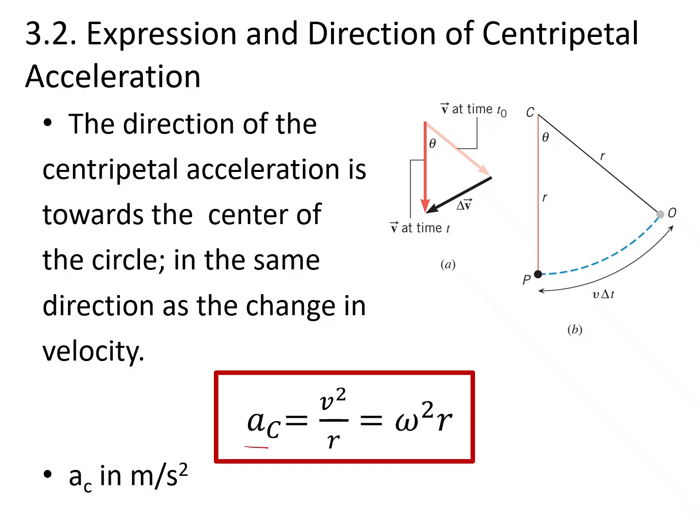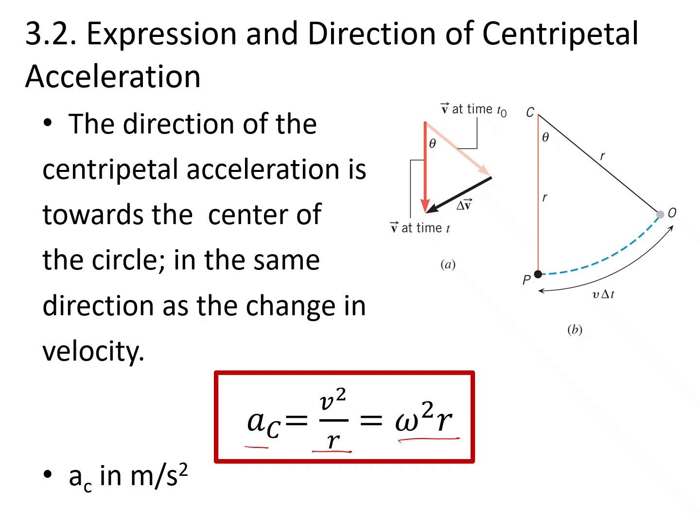A sub c equals v squared divided by r, or A sub c equals omega squared times r. Use A sub c equals v squared over r when the problem gives the linear speed v and the radius r. Use A sub c equals omega squared r when the problem gives angular velocity omega and radius r.